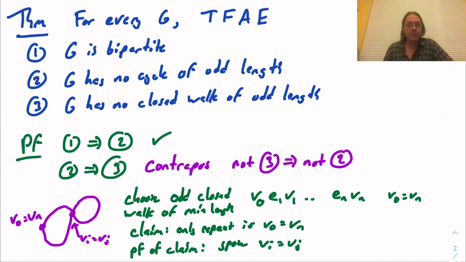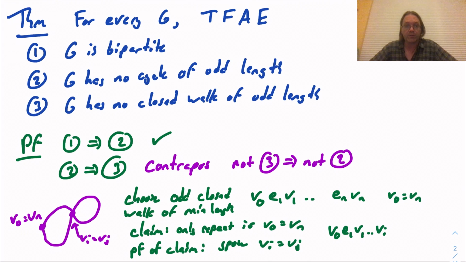If vi equals v sub j, I can break the whole walk into two pieces. Now I can make a closed walk. I'm sorry, I'm just short of space here, but I can make a closed walk that starts at v0 and then e1 and then v1 and continues along to vi.